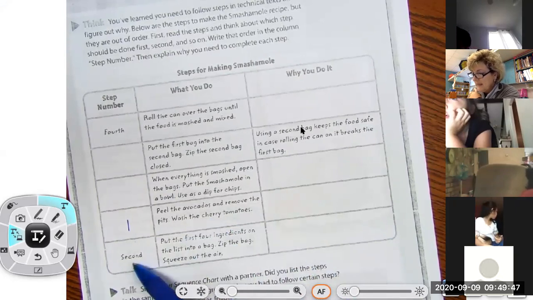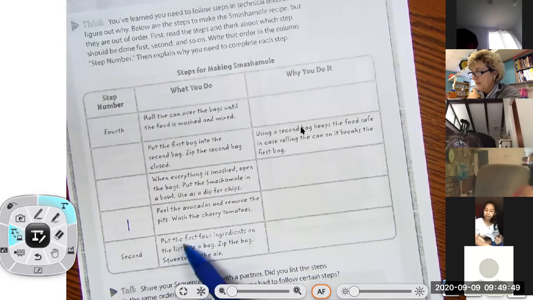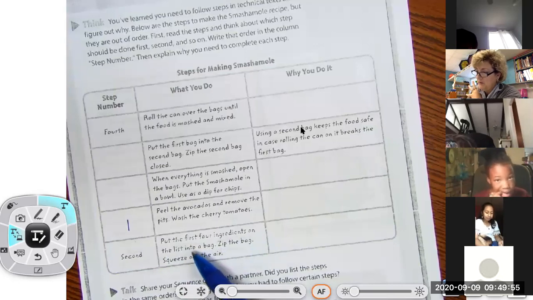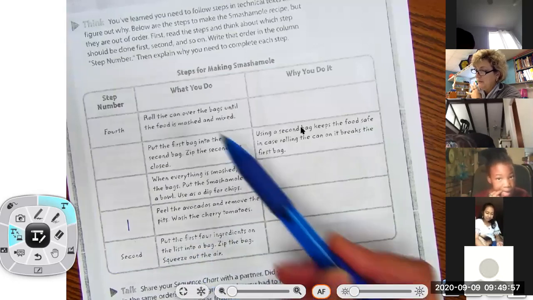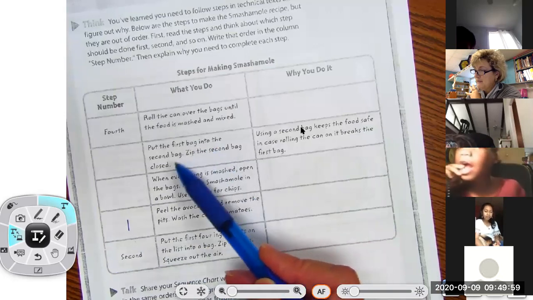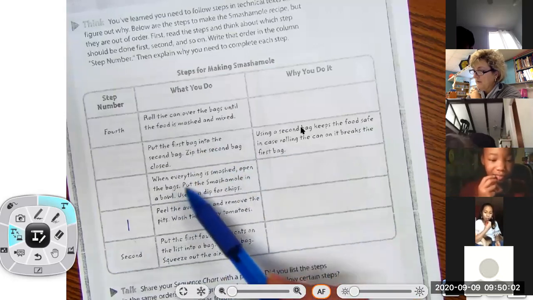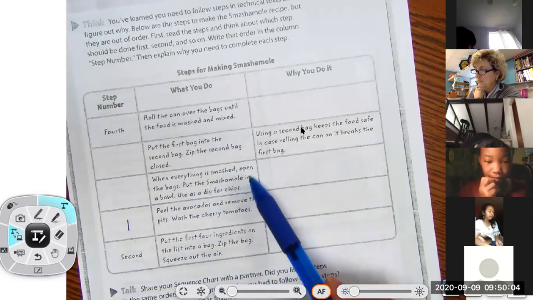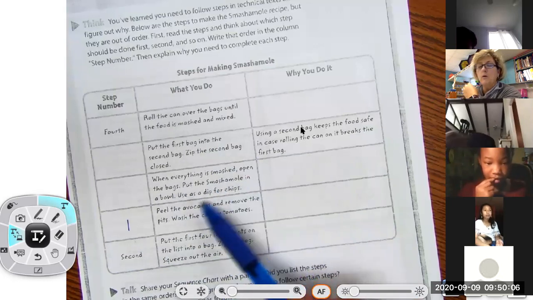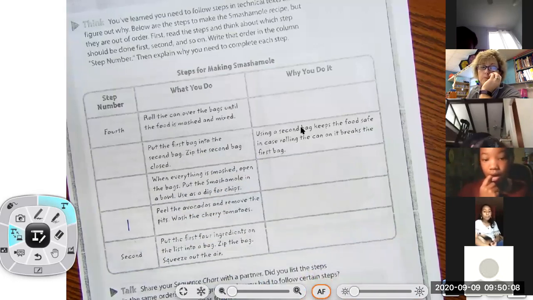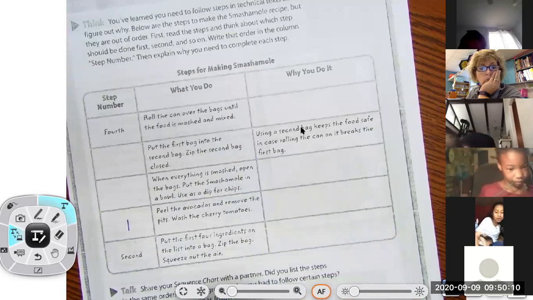Okay? So it says second here is going to be, then you're going to put the first 4 ingredients into the bag and zip the bag. What's the third thing we're going to do? Is it going to be put the bag into the second bag, or when everything is smooth or smashed, open the bag and put the Smash-Ola in a bowl? Put the first bag into the second bag.